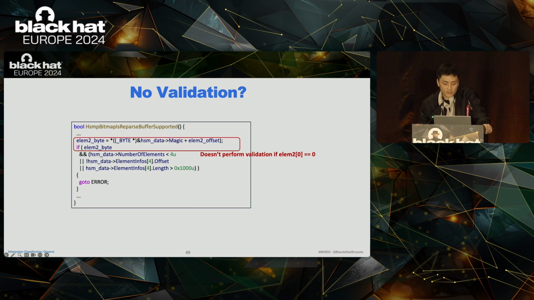Interestingly, there is a routine that validates each element header value before the vulnerable function is called. For element 4, there is a check to ensure the length doesn't exceed hex 1000. However, if element 2, which is a byte type flag, is 0, the validation is bypassed, allowing the vulnerability to be triggered.